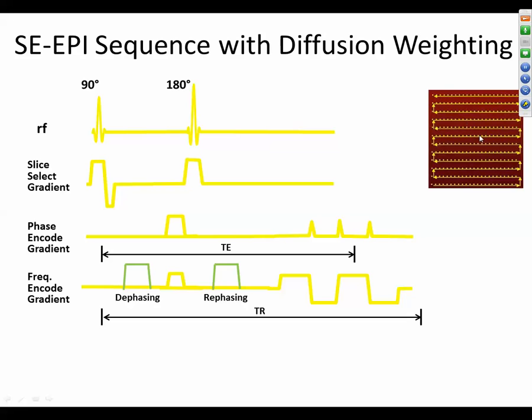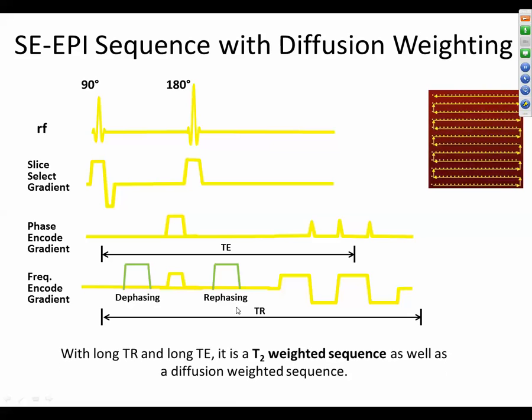So it takes very long to reach this TE. So both long TE and long TR mean the sequence has T2 weighting. Meanwhile, it also has the diffusion weighting.